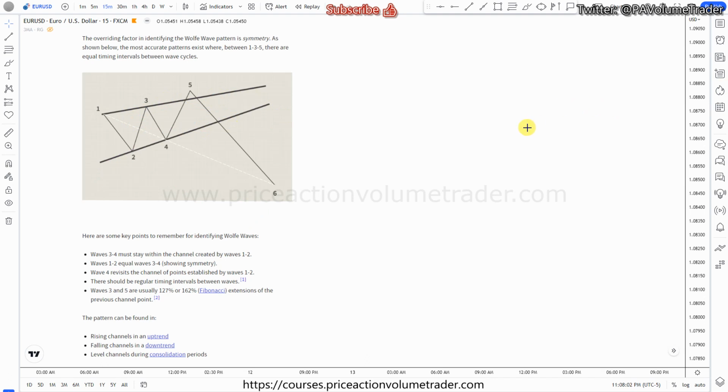Now, the reason I really like this pattern is because, for those of you following me, and especially if you have taken any of my courses, you know that one of my favorite patterns for reversals is the triple drive. It has triple thrusts, triple drives, several names, but it's basically when we have three pushes, one after the other, which you can usually connect pretty precisely with a trend line, and then price reverses.